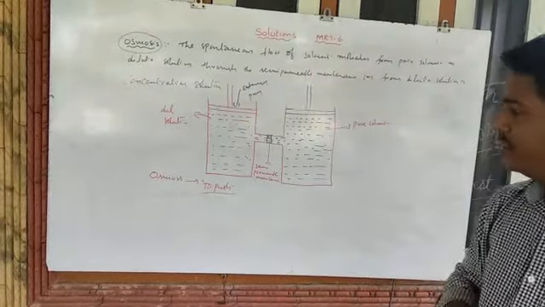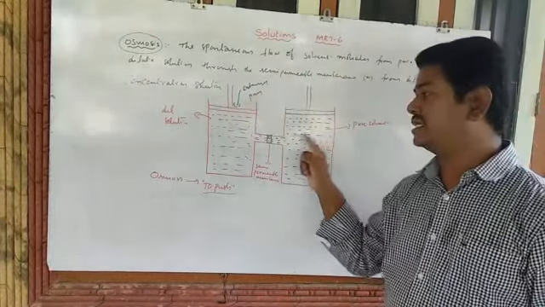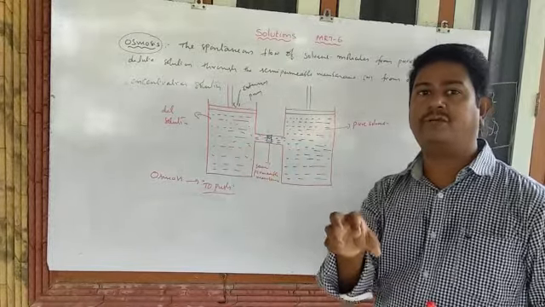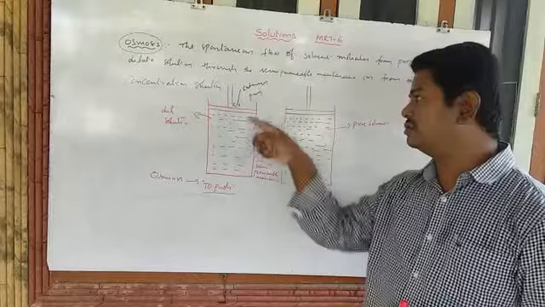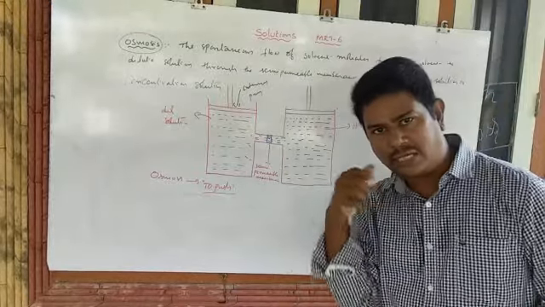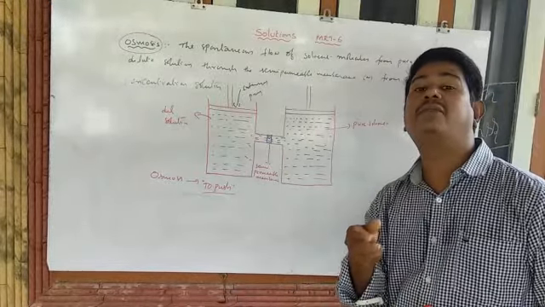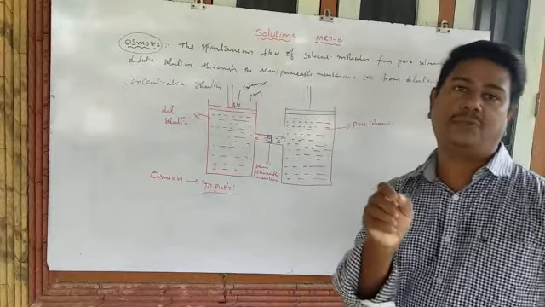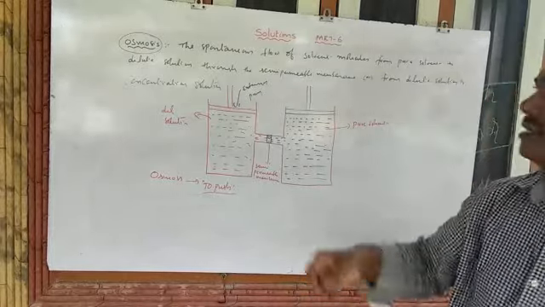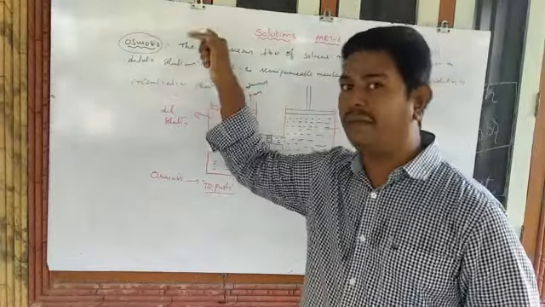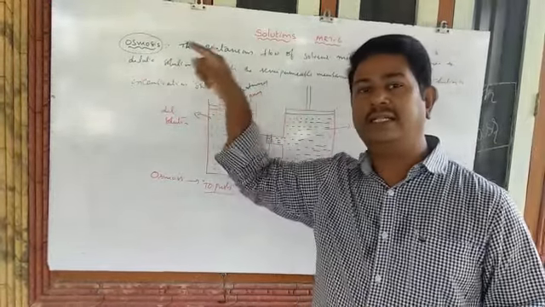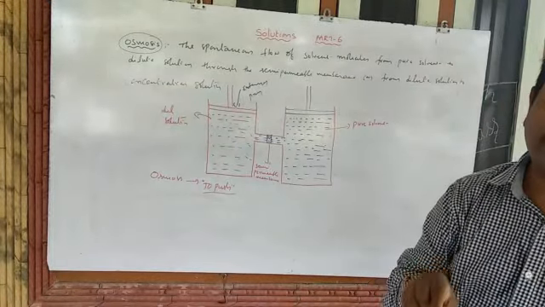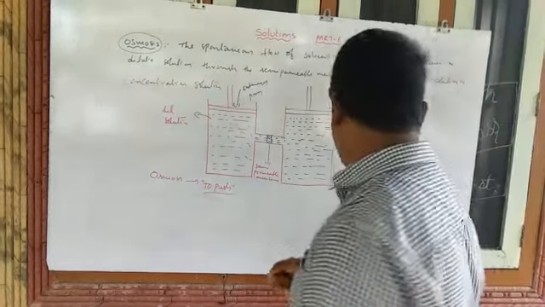Then the solvent molecules do not enter the solution. Such pressure exerted on the solution in order to stop the penetration of solvent molecules through the semi-permeable membrane is called osmotic pressure. Here this is osmosis and the pressure required is called osmotic pressure. So what is the osmotic pressure definition?